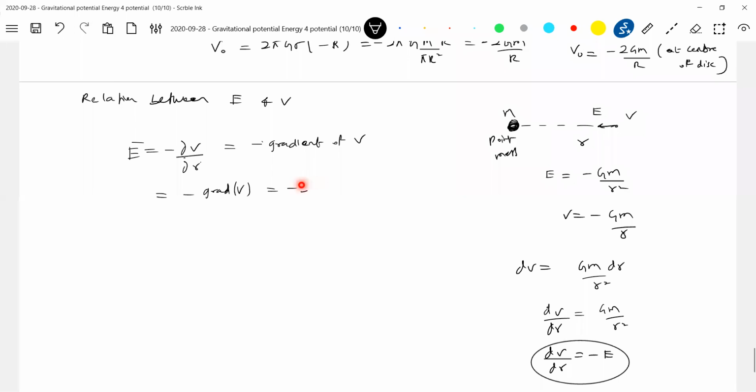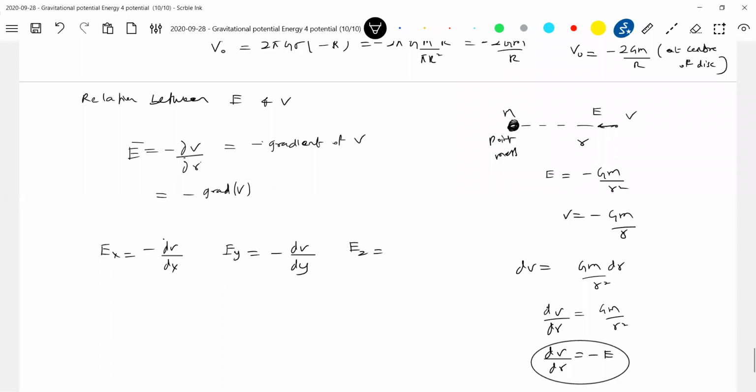What is a gradient? Change only. So what is the x component? If you know the potential, differentiate with respect to x, and you'll get the x component of the field. If you know the potential, differentiate with respect to y, and you'll get the y component.